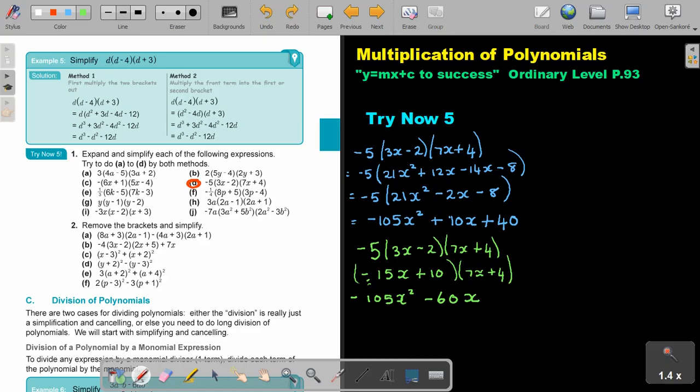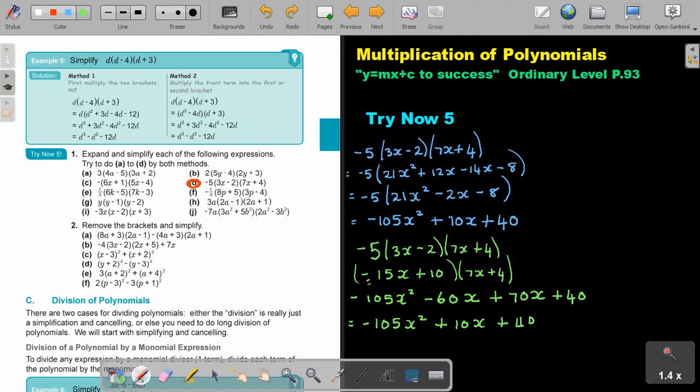Then I multiply this one with this one, I get positive 70x. And I multiply this one with this one, and I get positive 40. And then my answer will be -105x squared plus 10x plus 40. And that will be my final answer.